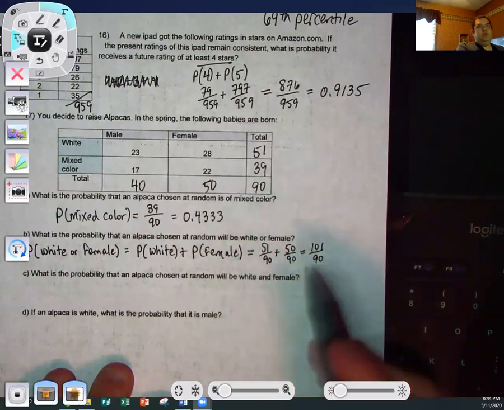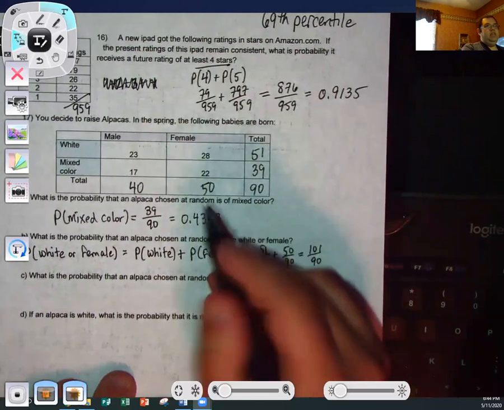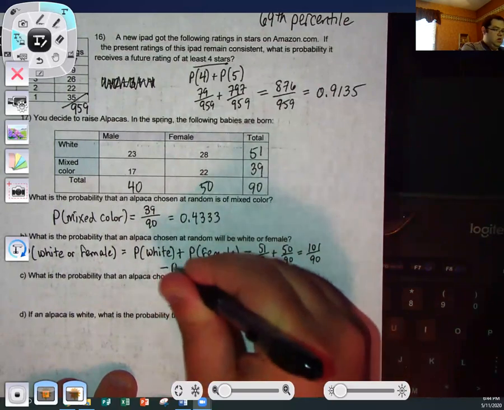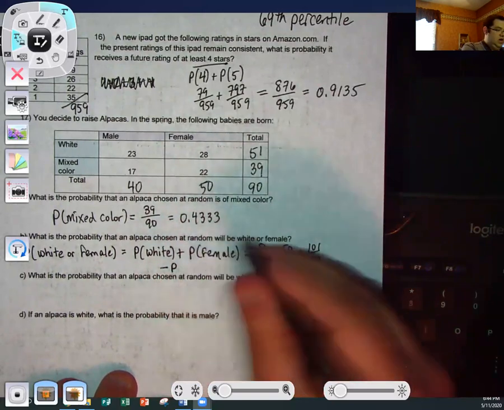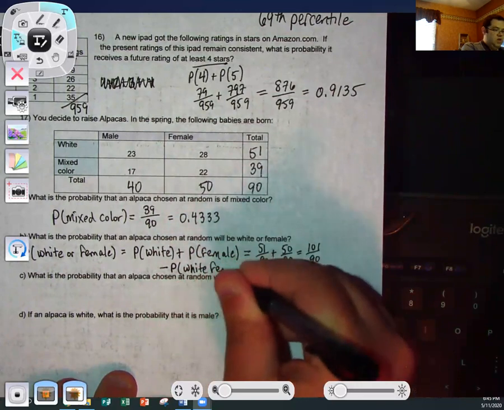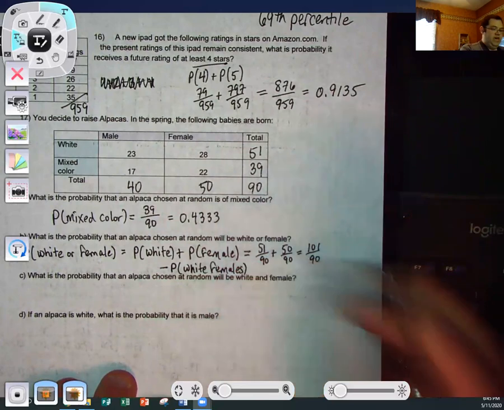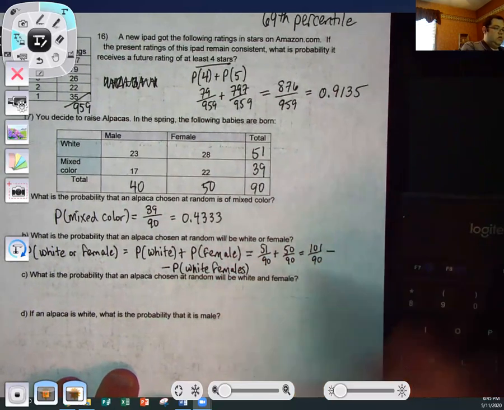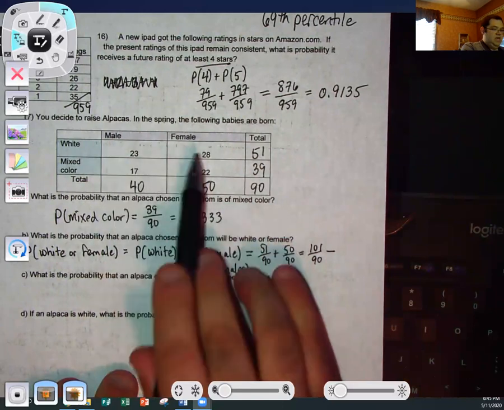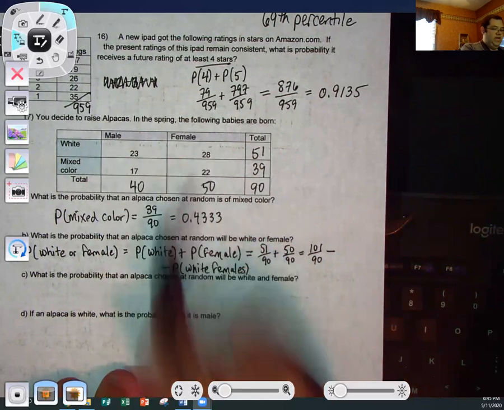But what we can do to accommodate for that is we can subtract out the probability of white female. That takes care of the double count. So how many females were white? That'd be 28 out of 90.